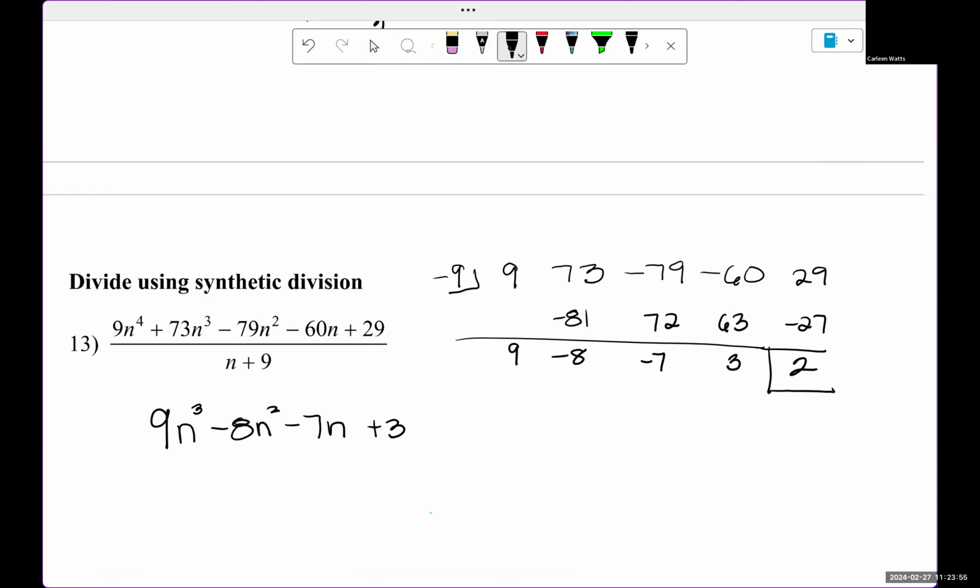This is the remainder. Now, if that's a 0, there's no remainder. I'm going to put it in fraction form because that's the most difficult one. Over, what goes on the bottom? n plus 9. Kind of like dividing to change an improper fraction into a mixed number.